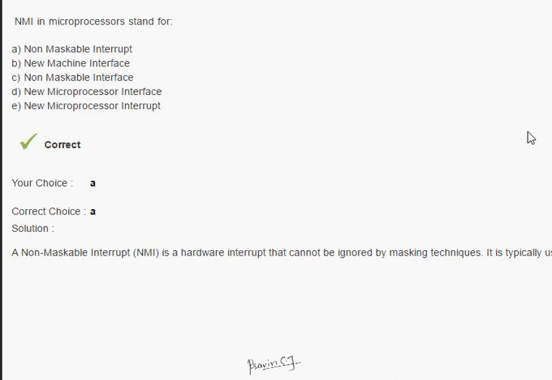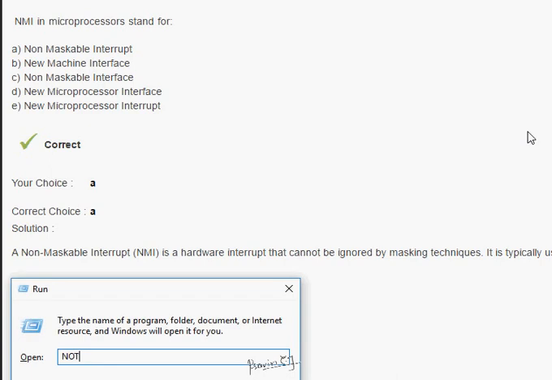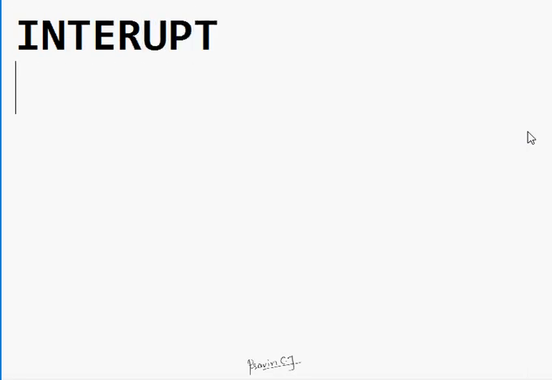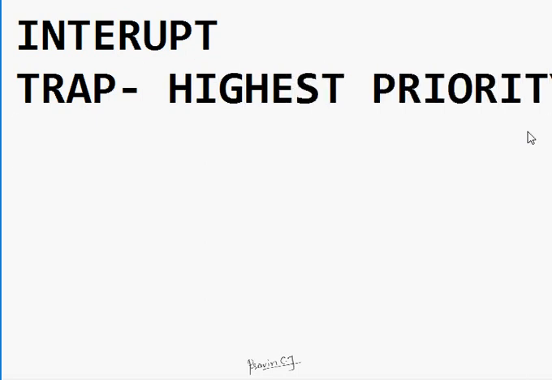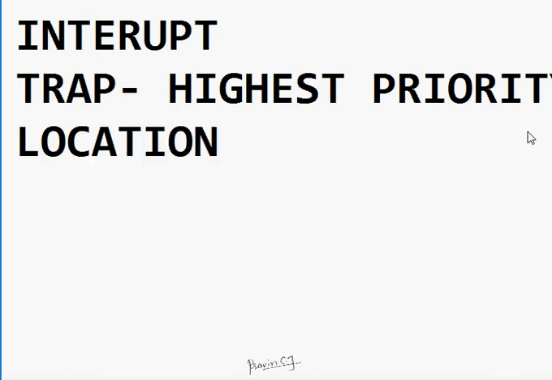You may see another important question regarding the same interrupt. Regarding the interrupts, which one has the highest priority? You may see so many options, but the trap has the highest priority. And tell me the location address of the trap.